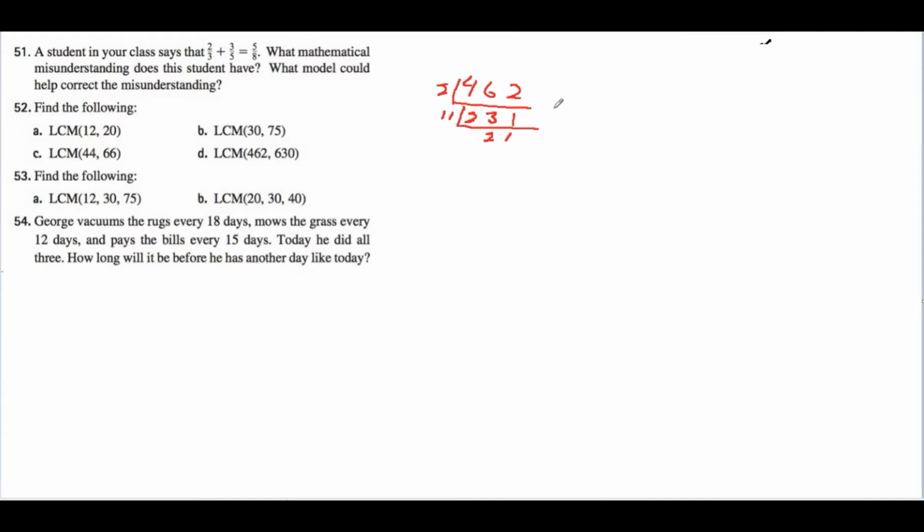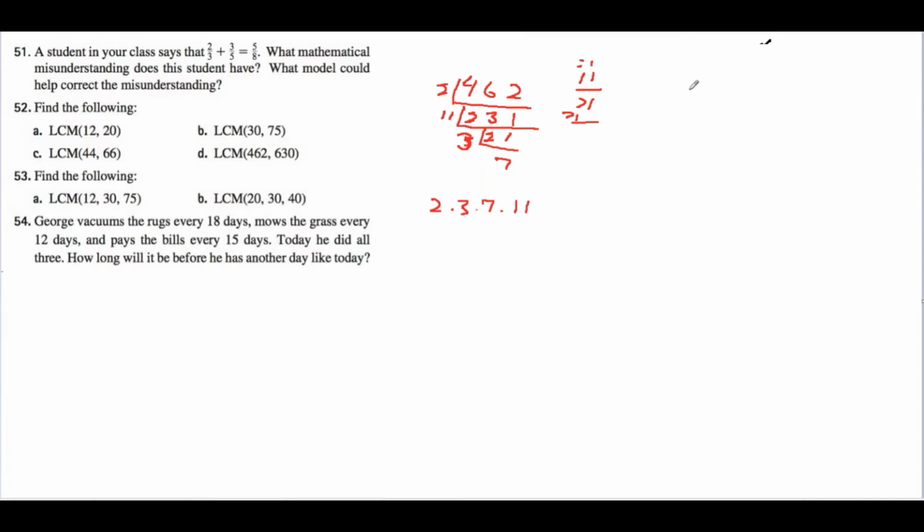So 11 times 21 would be 231. So it goes 21 times, and then this would be 3 and 7. Now you might have done it a different way, and that's fine. Those are our prime factors: 2, 3, 7, 11.